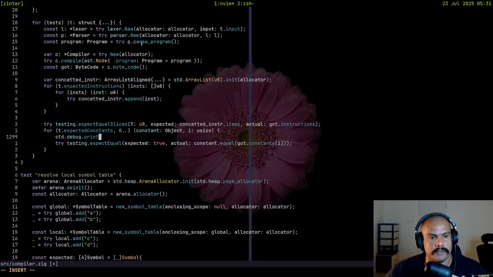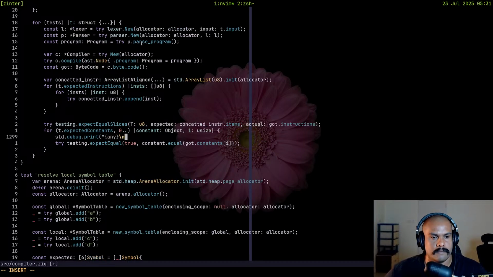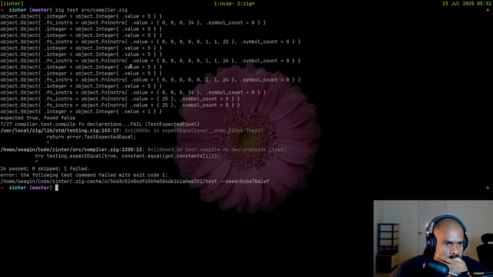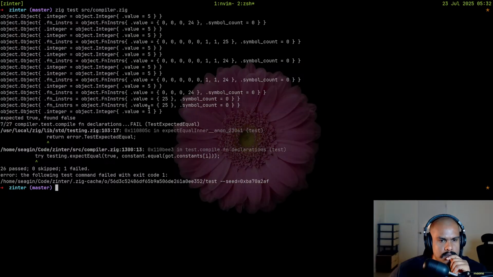Debug print dot constants of I. Integer and function is the wrong function.